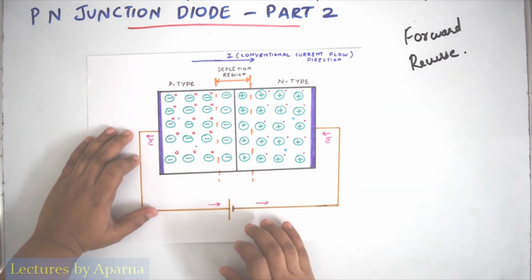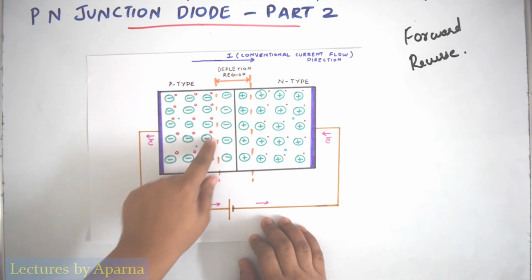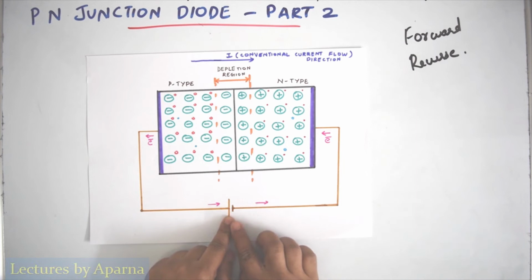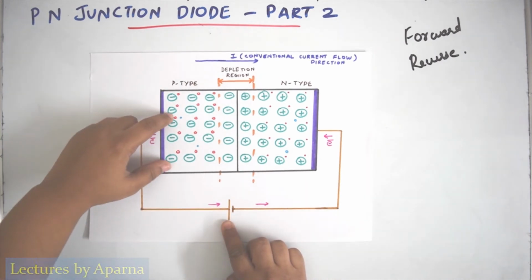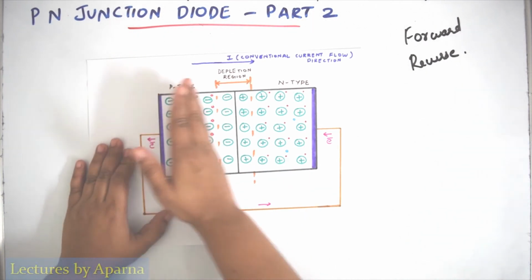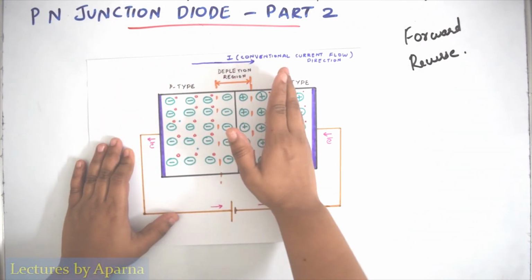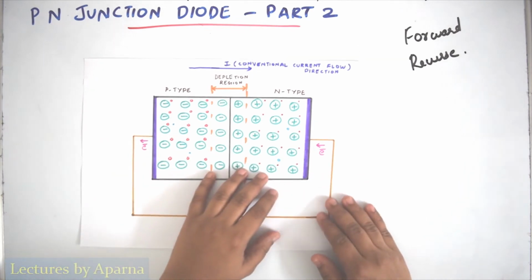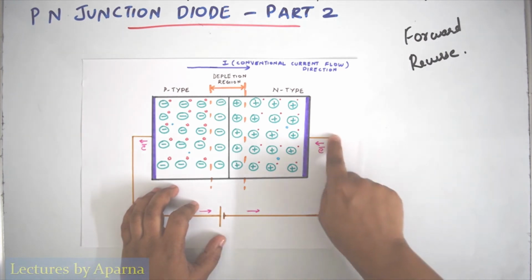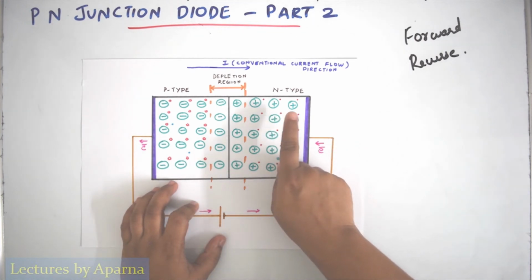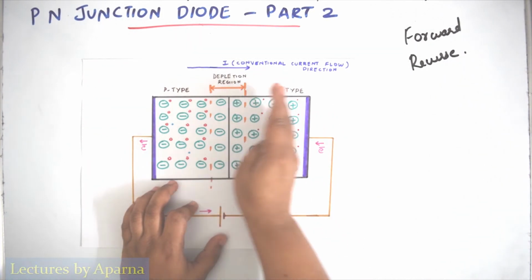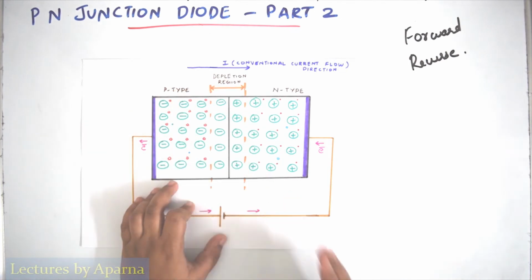So what is happening when it is forward biased? The majority carriers in the p-type region are holes. So these holes will be repelled by this positive terminal and they move towards the junction. They will be forced to move towards the junction and they will cross the junction. In the n-type, the majority carriers are electrons. So these electrons will be repelled by the negative terminal, and these electrons also are compelled to move towards the junction and cross the junction.